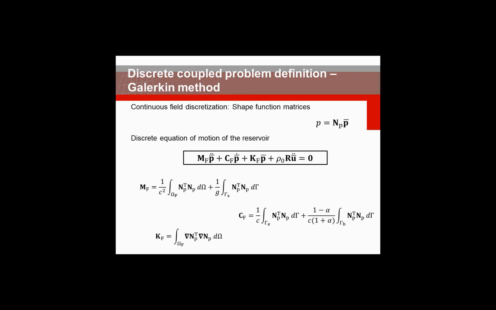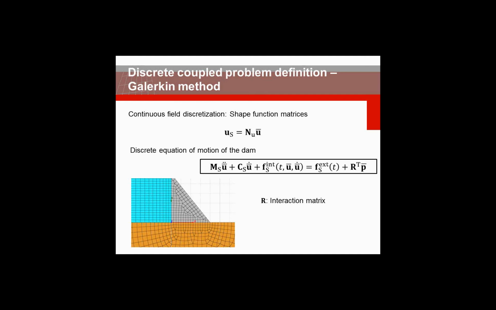So this is a kind of coupled equation which is defined in terms of two variables: the pressures and the accelerations of the solid. The same with the solid part as we usually do for doing any kind of analysis which is not a fluid structure interaction but just a structure.